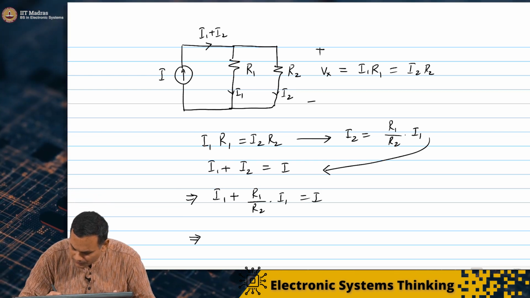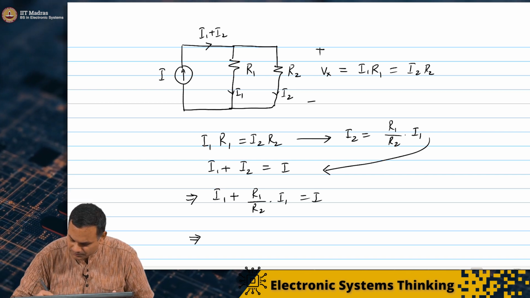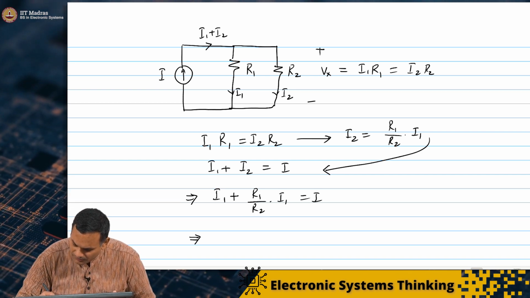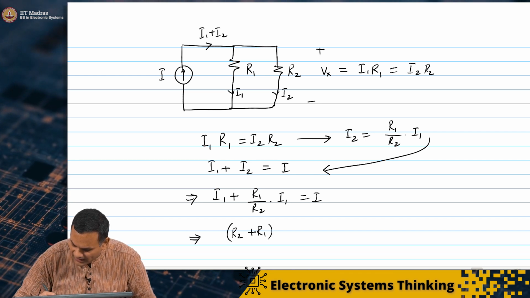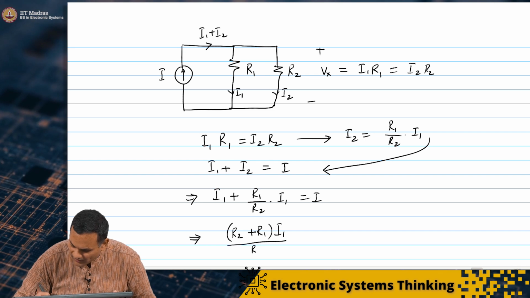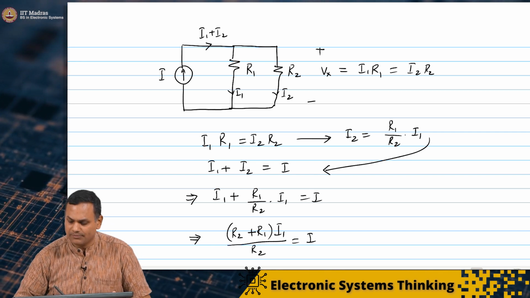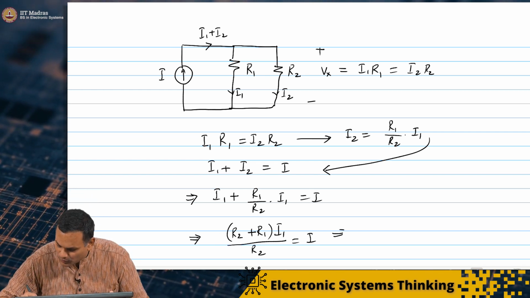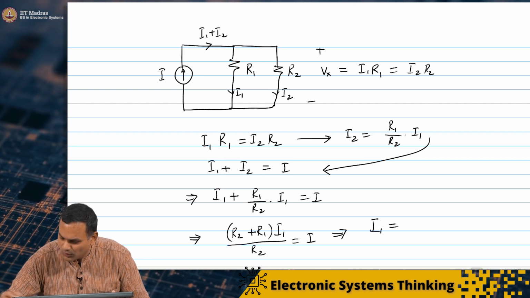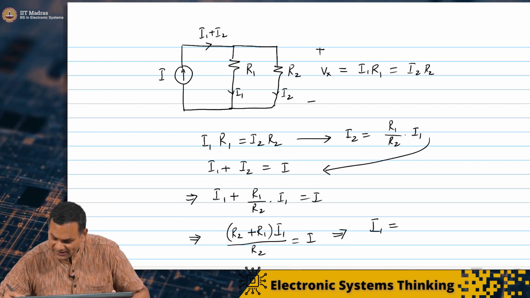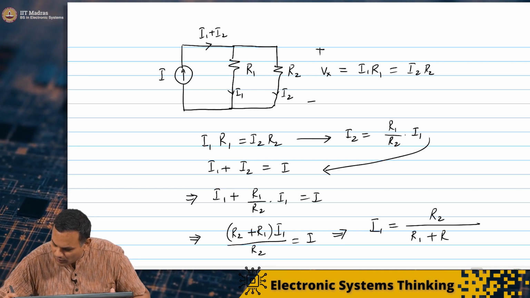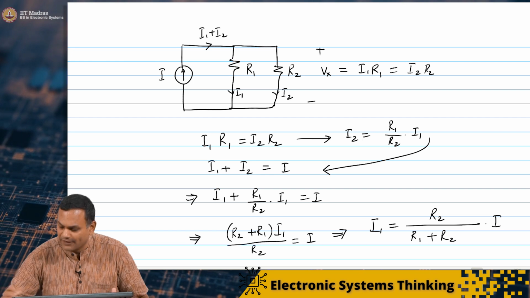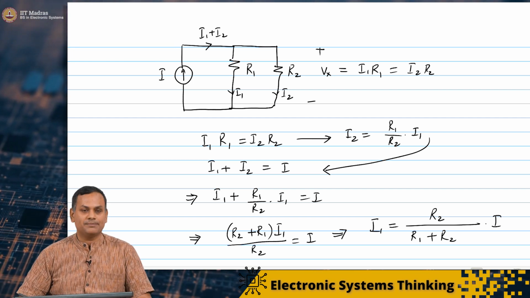or R2 plus R1 times I1 over R2 is I. In other words, I1, the current through R1, is equal to R2 by R1 plus R2 times I. Now this is interesting.